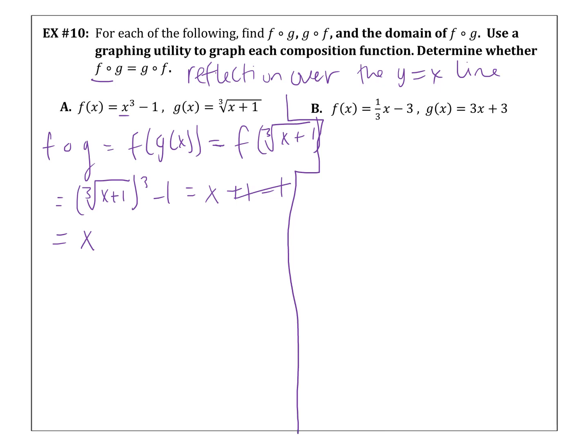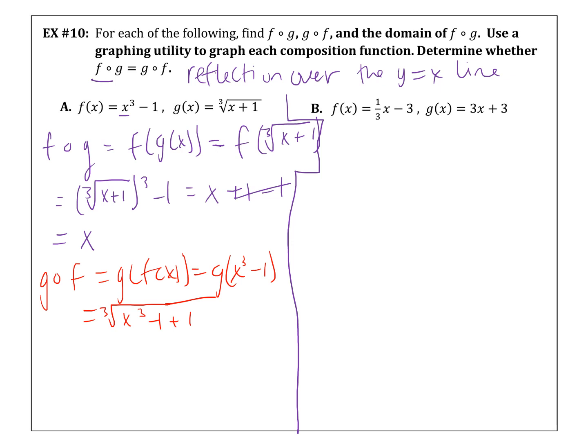All right, now we're going to do g composed of f. So g composed of f of x equals g composed of x cubed minus 1. We're going to substitute that in. That leaves us with the cube root of x cubed minus 1 plus 1, all underneath the cube root.